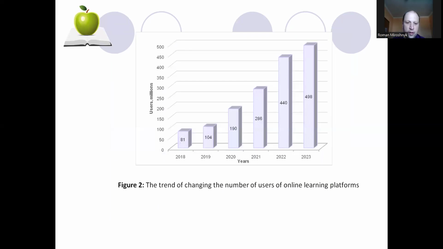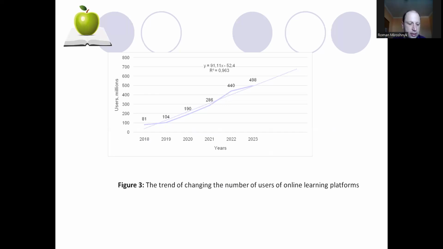In figure 2, you can see the trend of changing the number of users of online learning platforms in the world. And in figure 3, you can see the trend line of change in the number of users of education online platforms.